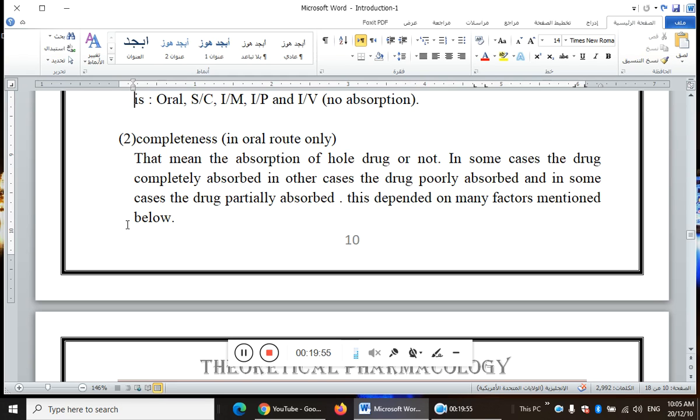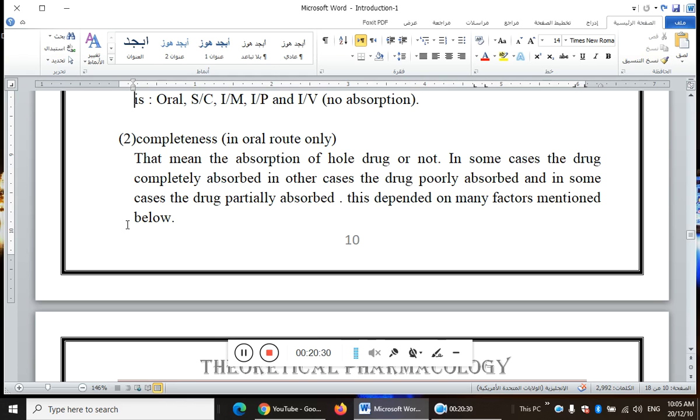Why is completeness important in the oral route only? Because in all other routes, either IM, subcut, or IP, the drug is completely absorbed, while in the oral route, the drug may not be completely absorbed.